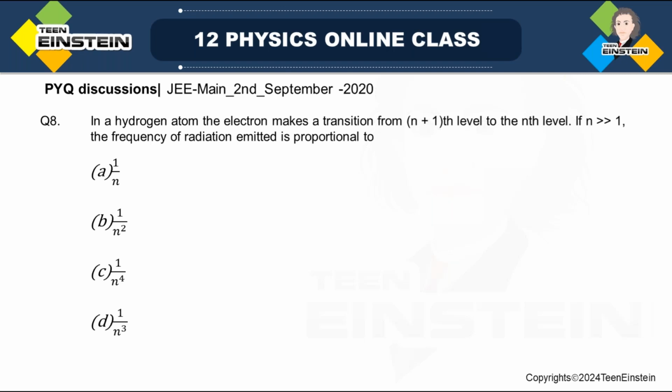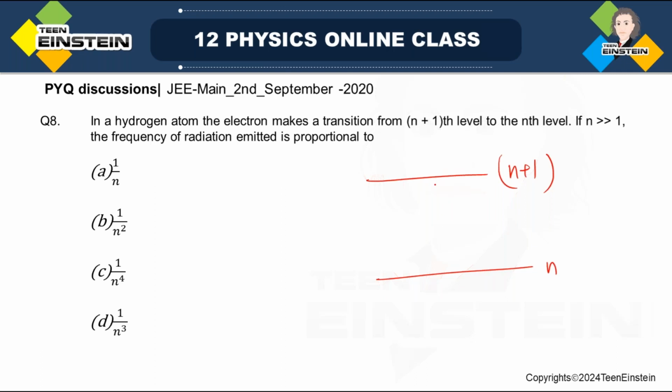Okay, so this is the next problem. Here it is said that in a hydrogen atom, an electron makes a transition from the n plus 1 level to the nth level.